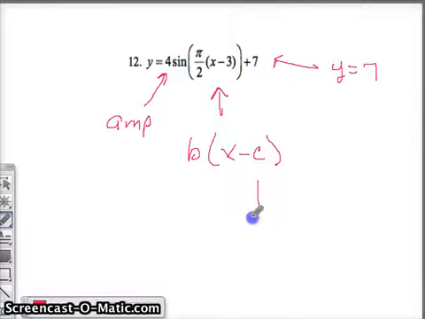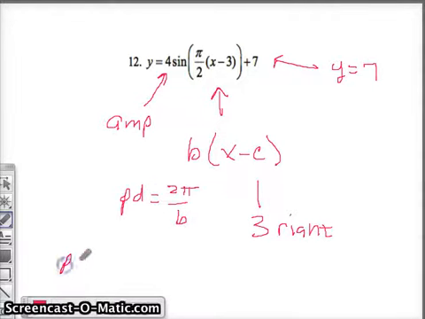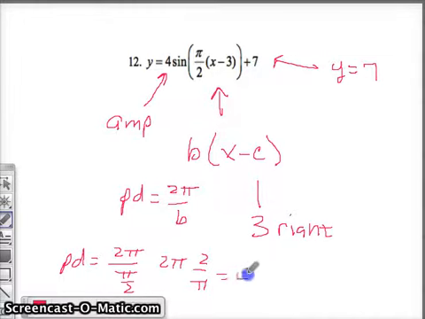C is 3, so the horizontal shift is 3 to the right. And the only thing that you need to do is find the period. Remember, I just said the period is 2 pi over b. So the period is equal to 2 pi over 2, which is 2 pi times 2 over pi, which is just 4. So the period is 4. That's how you do that problem.